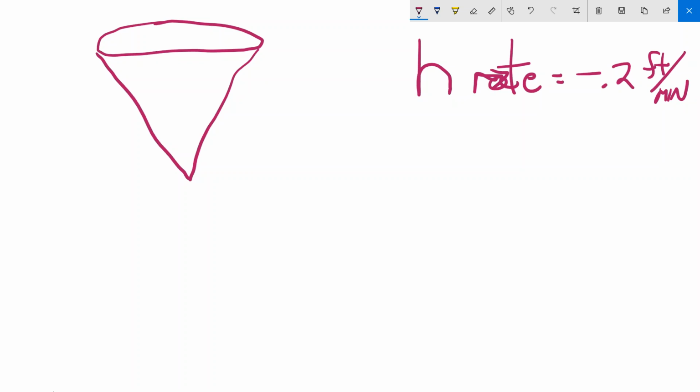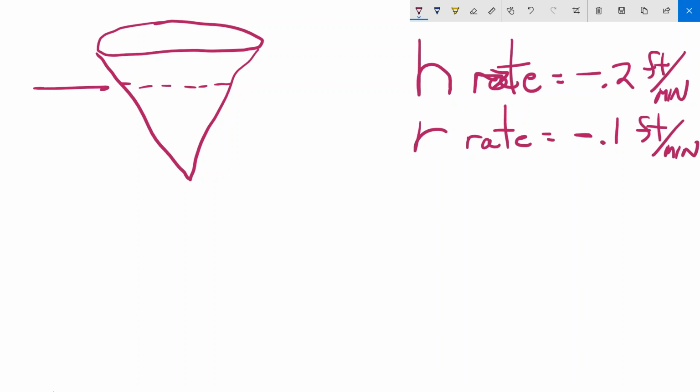And the radius, rate of change, always remember that rate of change is derivative. That's what it means. The radius is decreasing by 0.1 foot per minute. It's decreasing, so it's a negative sign. The height is dropping, so it's negative.